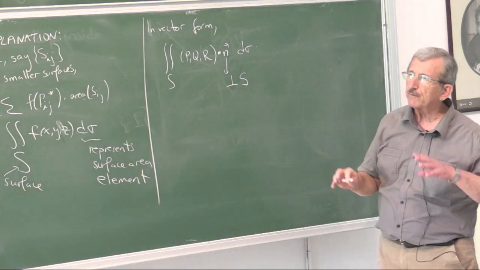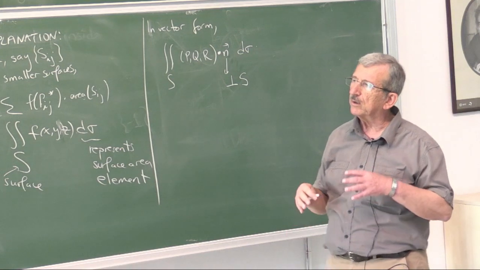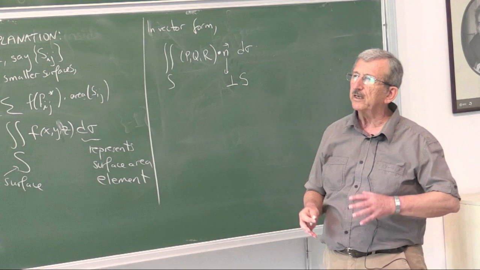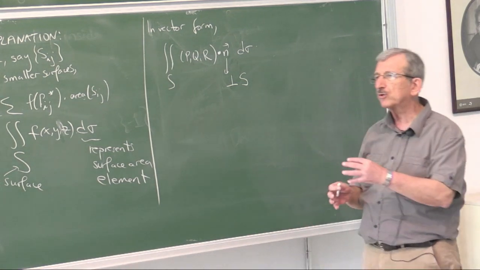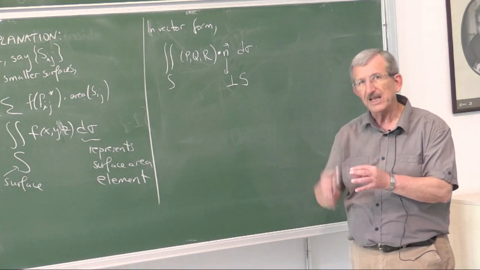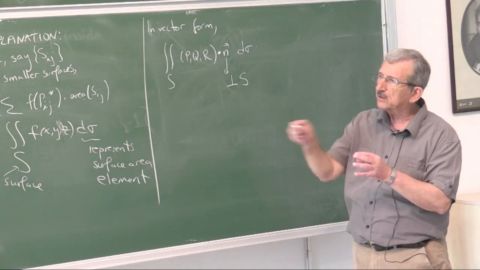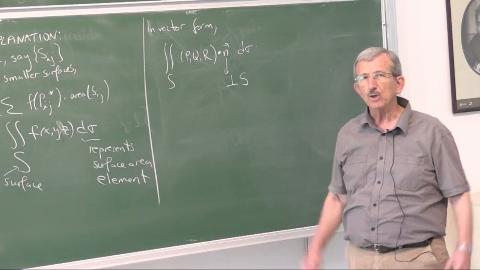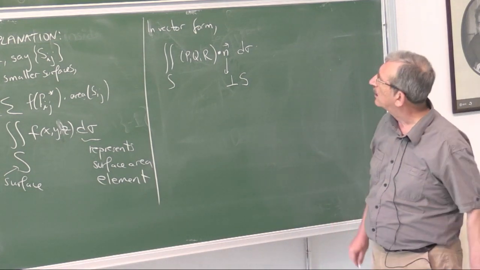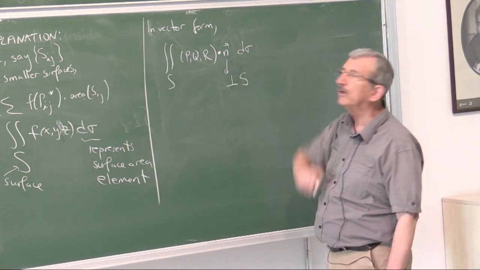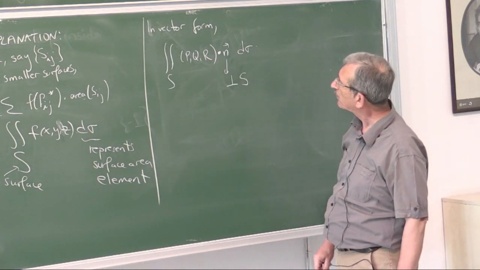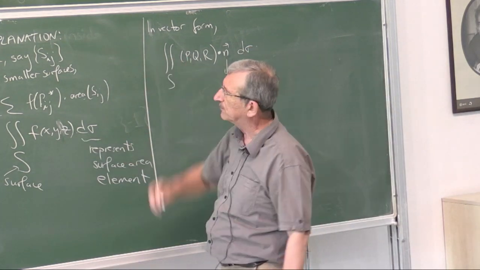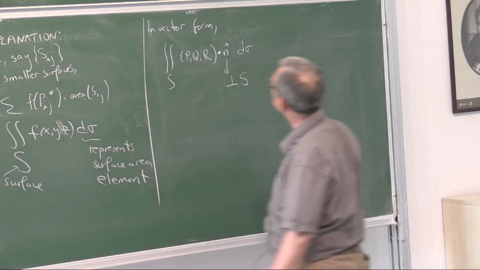Because if you remember from your physics, we calculate flux in physics. Flux is the perpendicular force to a planar part times the area of that part, and you add them. So you need perpendicularity here, so we need a unit normal. So this is the second kind of surface integral.